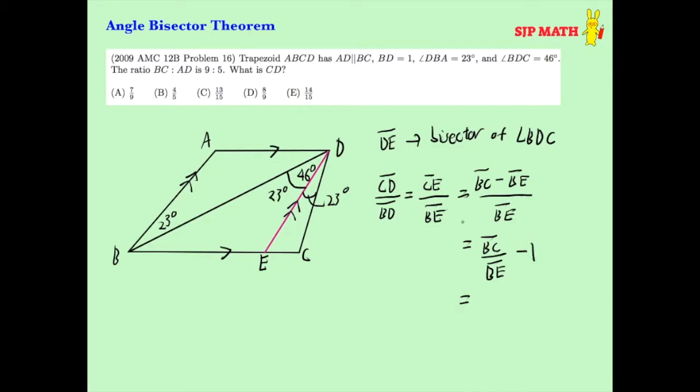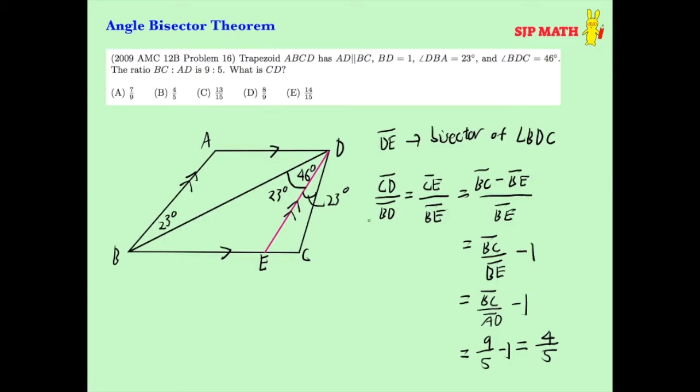We remember that ABED is a parallelogram, so the length of BE is equal to the length of AD. So we can substitute AD for BE here. This is equal to BC over AD minus 1. The question said that the ratio of BC to AD is 9 to 5, so BC over AD is 9 over 5. So this is equal to 9 over 5 minus 1, which is equal to 4 over 5.